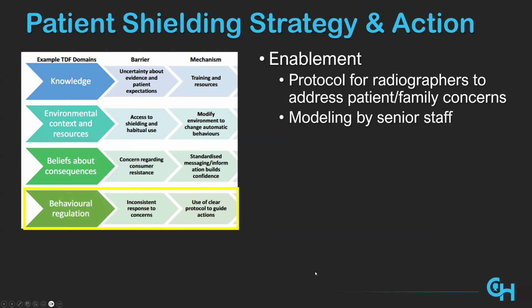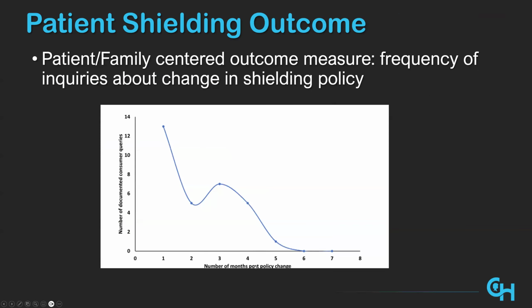So many of us in the past, I don't know, 10 years or so, have attempted to step away from patient shielding in radiography, and many of us have gone down this same path and this same journey and done many of these same things. But the benefit to using an implementation science framework like they've done here is that it's then publishable and can be shared with other places who are looking for how to best do this in their environment.